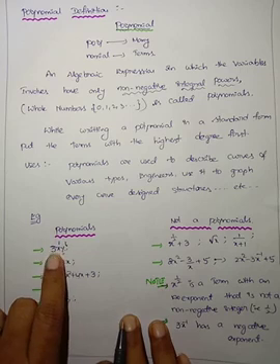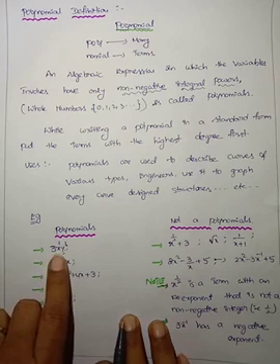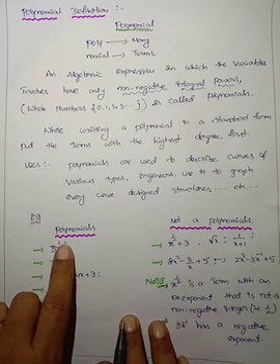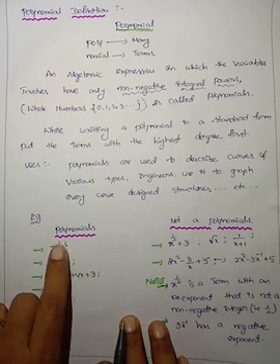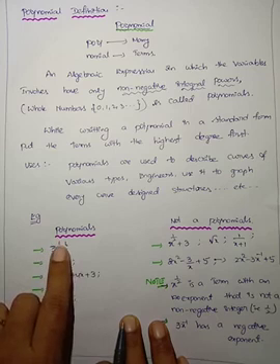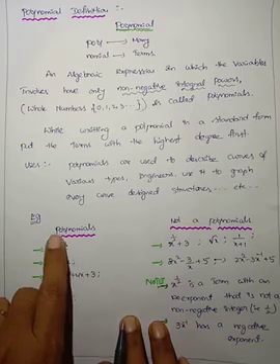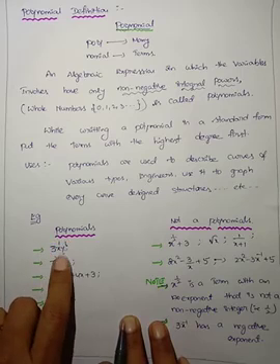In an algebraic expression in which the variables involve only non-negative integral powers, where powers means exponents of the variables, it is called a polynomial.